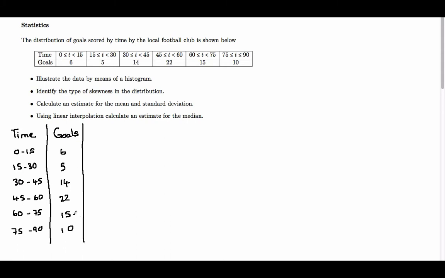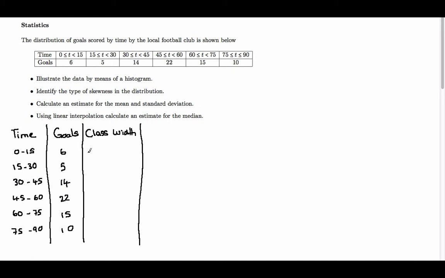And to calculate the frequency density, which is what's plotted on a histogram, I need to know the class widths. So the class width is basically the difference between the minimum value here and the maximum value here.